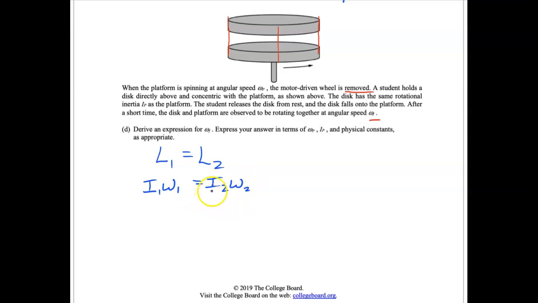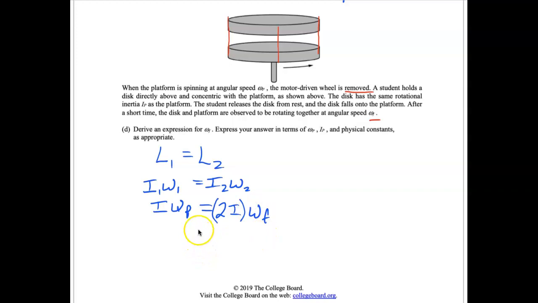We still have I omega for the platform, but now we have a new I, and the new I is just double what we had before. So that would be not 2I2, we can't put that, but instead 2I for that original rotational inertia, times omega final.